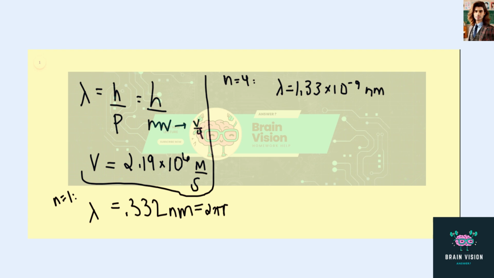And then I think it's going to end up being the same here, because what happens to r according to formula 28.13? r is proportional to n squared. So r goes to 4 times r1.